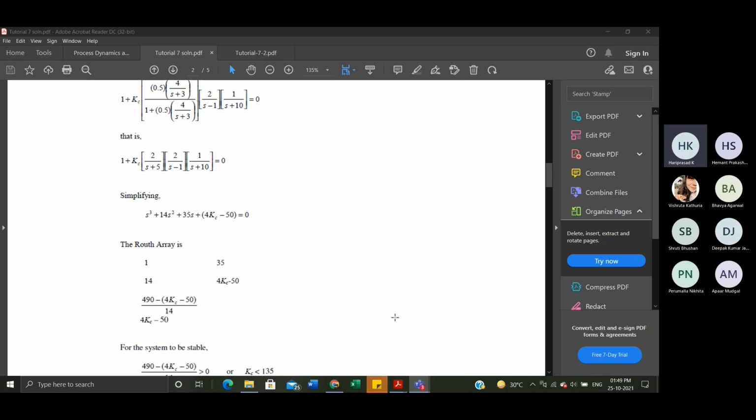Okay, so now you can start the Routh array solutions. So it is a cubic order polynomial. You may still be able to solve it manually, but let's use the Routh array, which is an easier exercise. Yeah, go ahead.